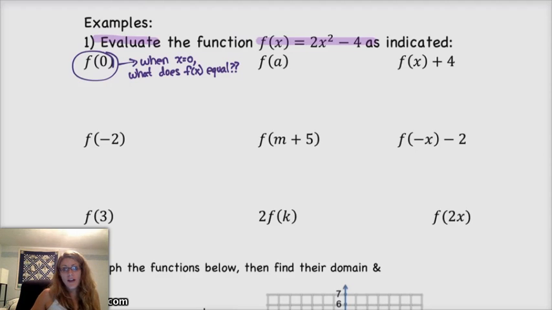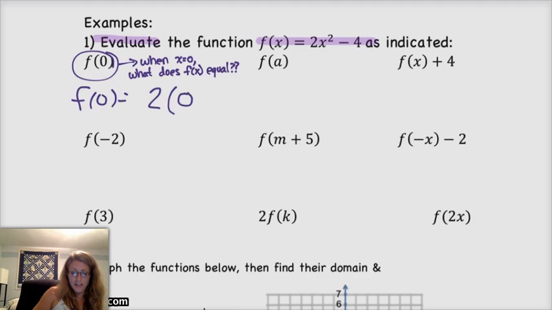All right, so f of 0 then is 2 times, and then anywhere you see an x, you replace it with 0, minus 4. So you end up with 2 times 0 squared minus 4, which is 0 minus 4. F of 0 equals negative 4.